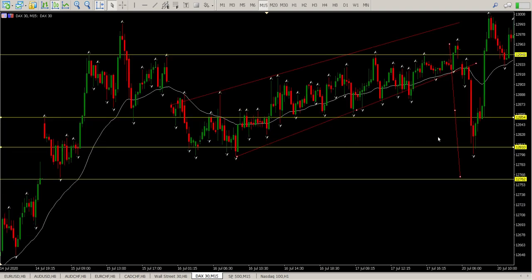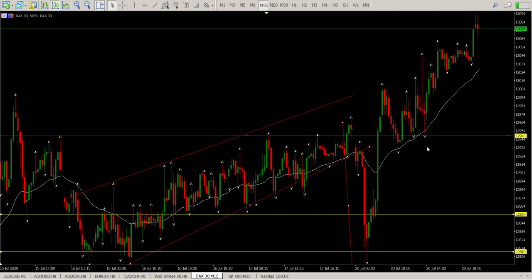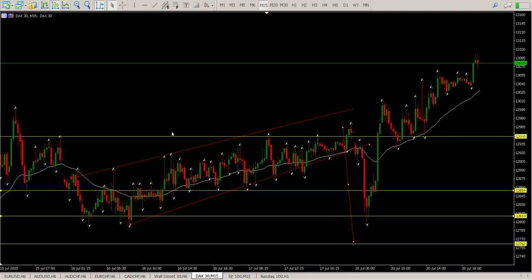But then you miss this level here, and you can see the congestion at this area is pretty strong, which was 12,810. That's just one of the reasons why I do not trade against the trend, because 9 times out of 10 you get going and you miss out.